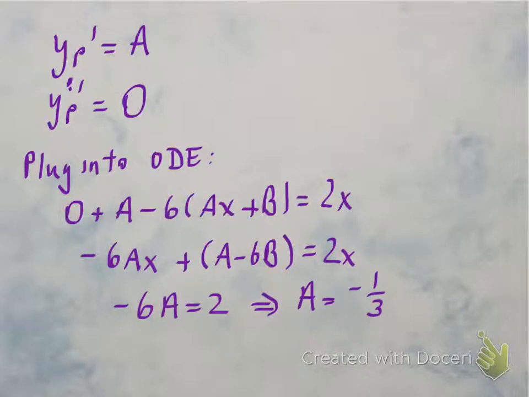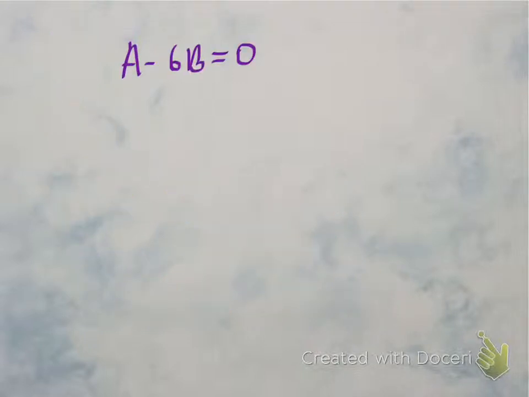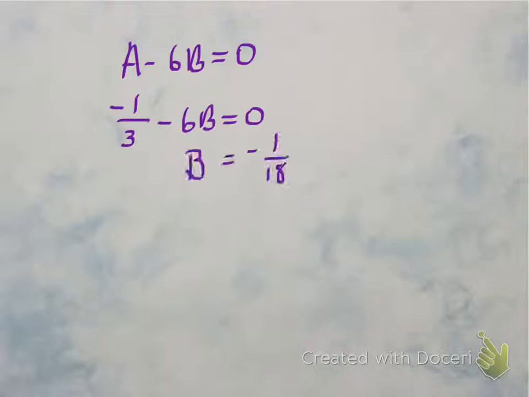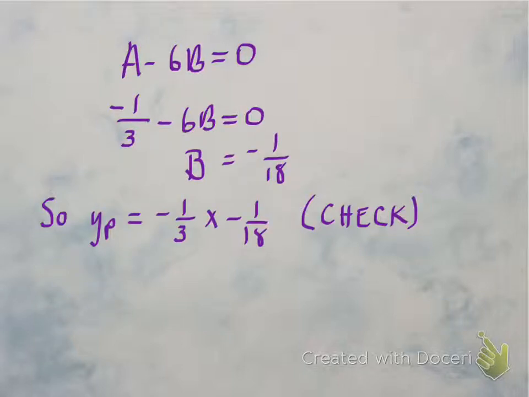So I can separate this into two equations. The first piece tells me that negative 6a equals 2, which means a equals negative 1/3. Also, a minus 6b must be equal to 0. So negative 1/3 minus 6b equals 0, which means b equals negative 1/18. That tells me that my particular solution is negative 1/3 x minus 1/18.